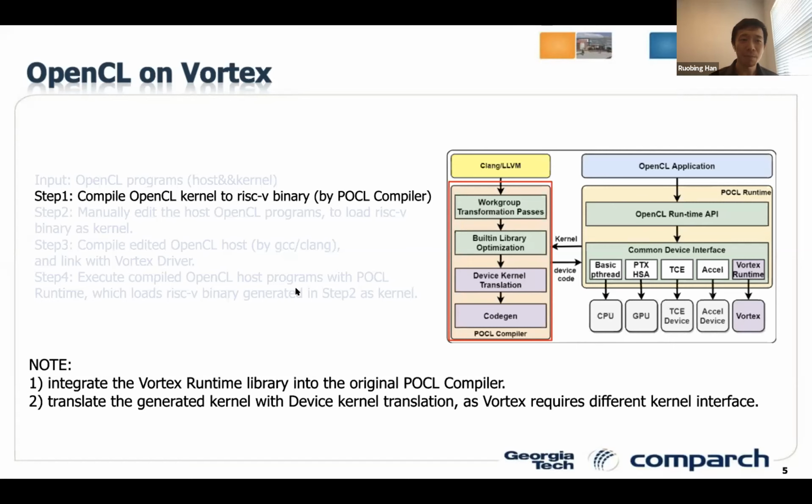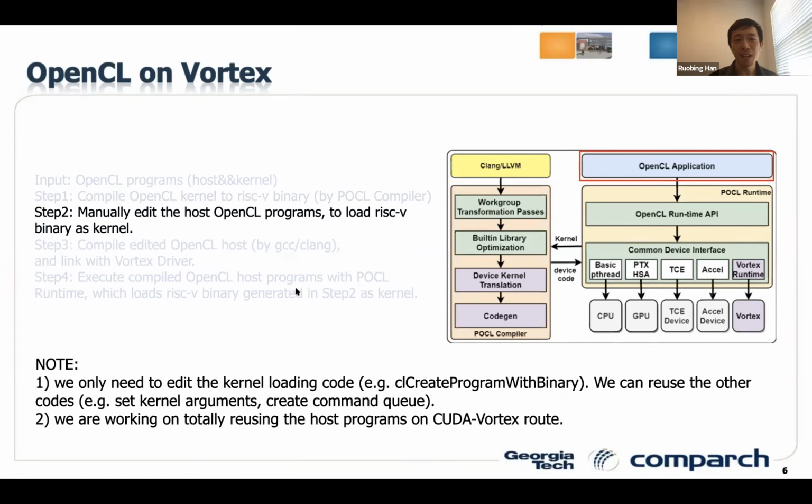This is the first step. After that, we can get the POCL kernel device code. However, POCL originally executes the kernel as a texture field.